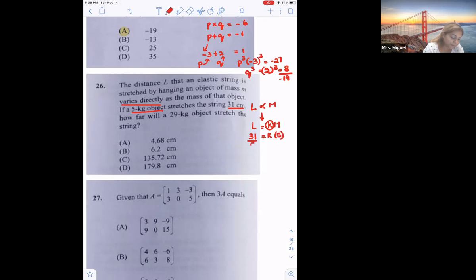If we divide both sides by 5, K is equal to 31 over 5. To find how far the object will stretch, L is equal to 31 over 5 multiplied by 29, and we get 179.8. The answer is D as in dog.